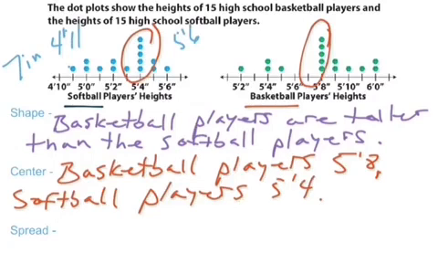If you look at basketball, you got 5'2" all the way up to 6 feet. And remember, 6 feet, that's basically like 5 feet 12 inches. So the 10-inch difference over here. So in the spread, the difference in the comparison between the two, basketball players basically have a greater spread in height.